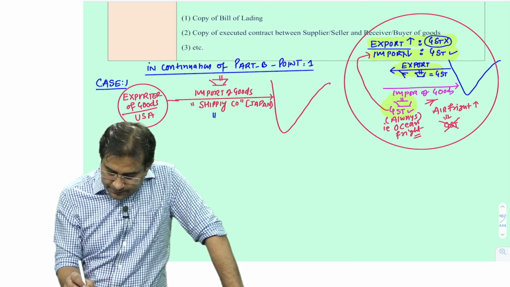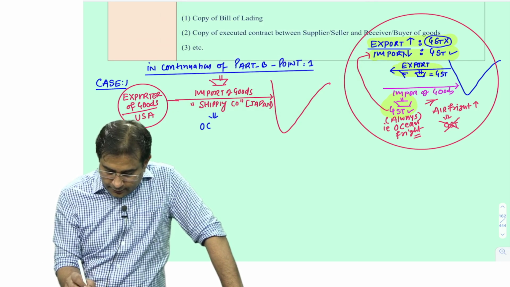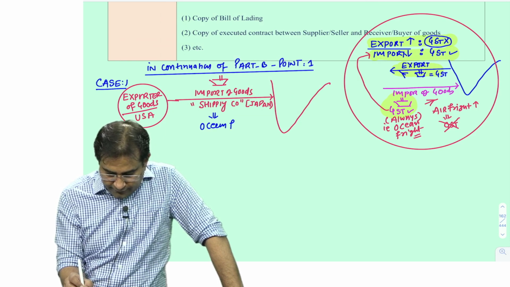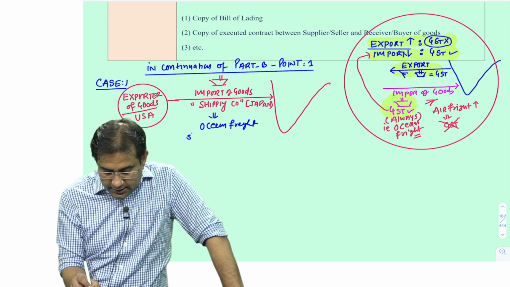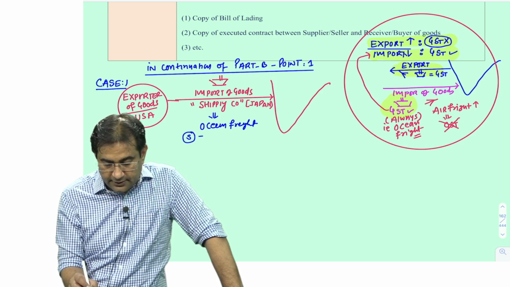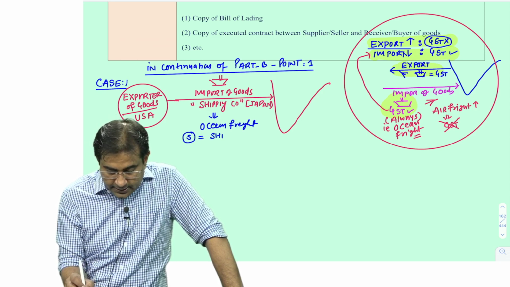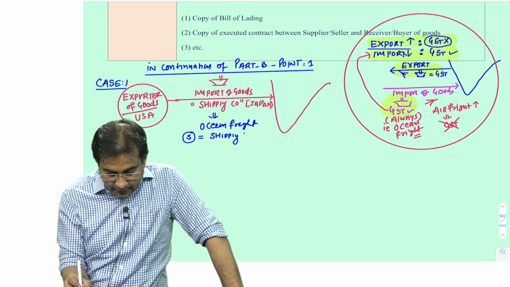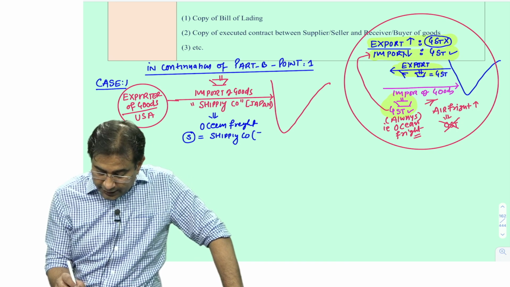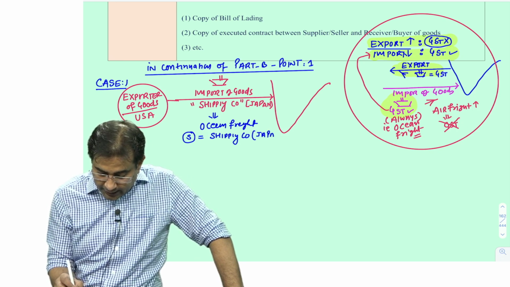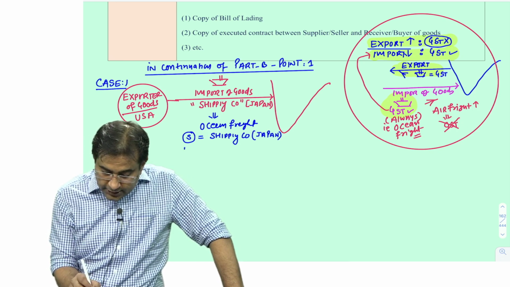So in such a situation, for ocean freight, who is the supplier of this service? The supplier is a shipping company, which is located in Japan. And who is the recipient?